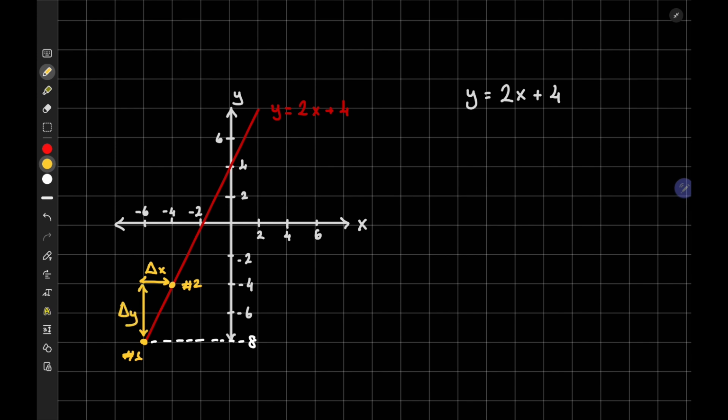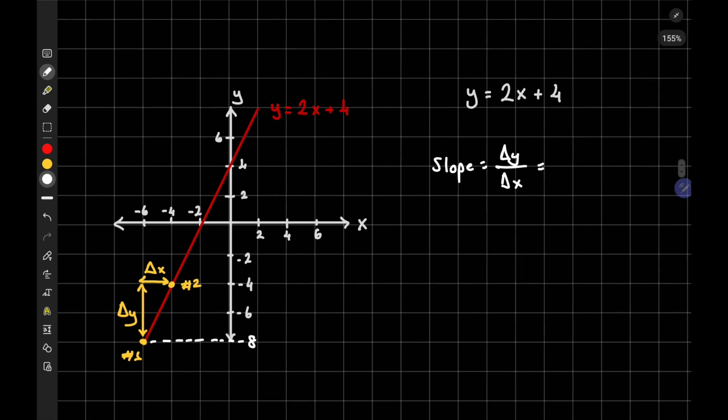So slope will be equal to delta y over delta x. Delta y goes from minus 8 to minus 4, so the y value increases by 4, and the x value goes from minus 6 to minus 4, which means the x value increases by 2. Therefore, our slope will be 2 in this case.